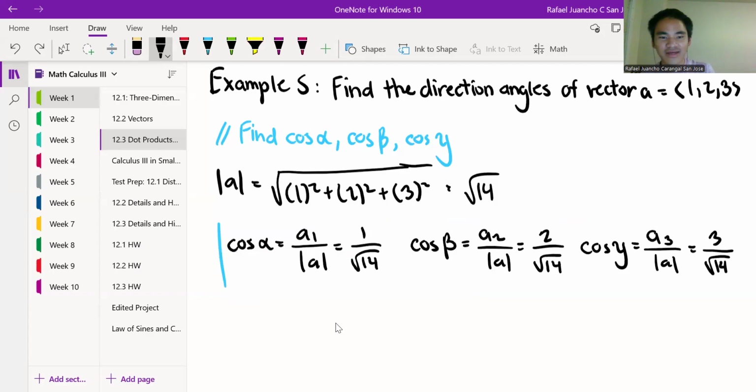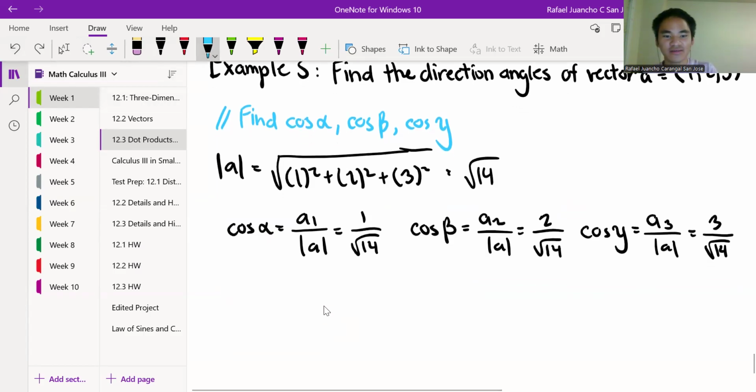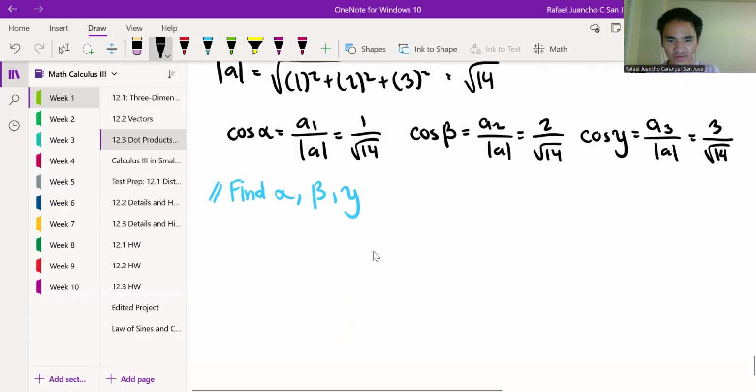Actually, not yet. Yeah, I just realized the direction angles are alpha, beta, epsilon, so now we want to find those three angles. How do we do that? Well, we basically get their arc cosines.